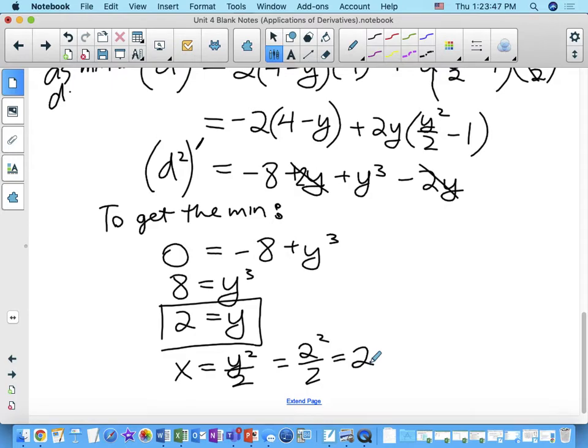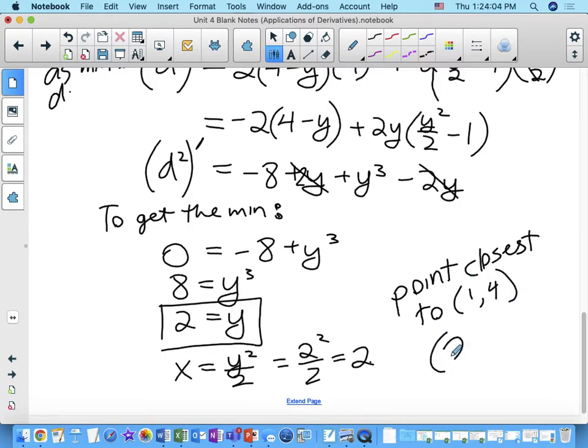So if we want to know what point on that parabola is closest to the point (1, 4), the point would be (2, 2).